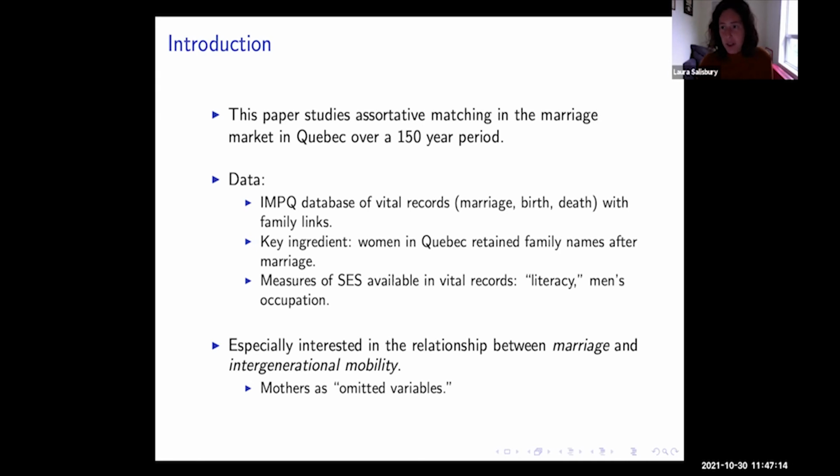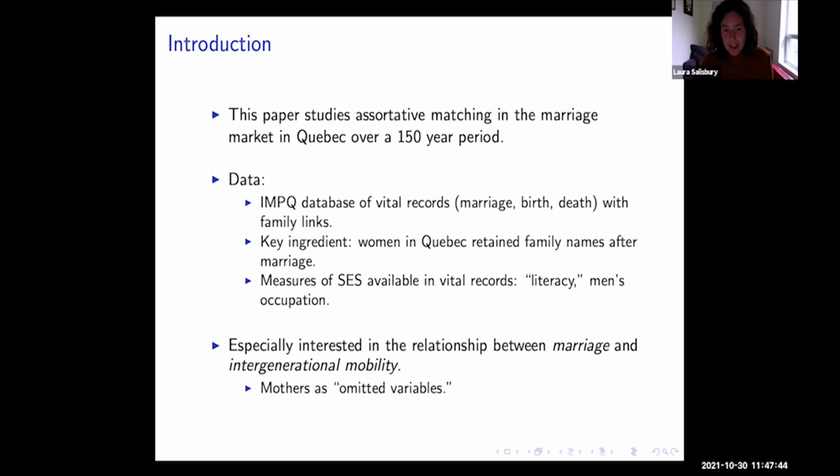The key component of this database for the purposes of this paper is that women, unlike the rest of North America, women in Quebec retained family names after marriage, so that making intergenerational links involving married women is actually possible. Right? This is super important and unique. So this is really cool.